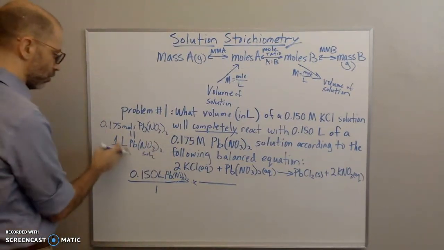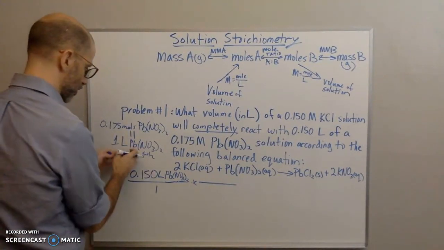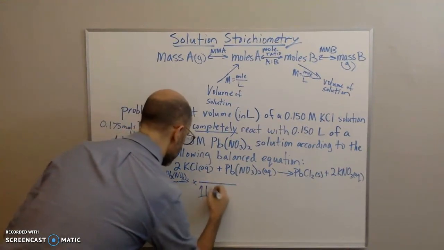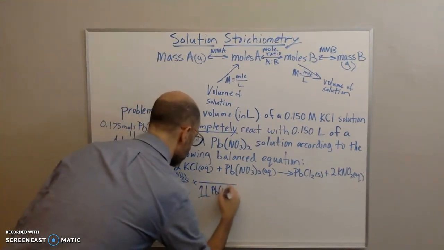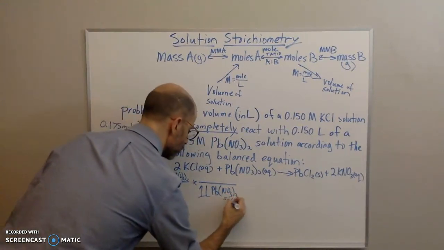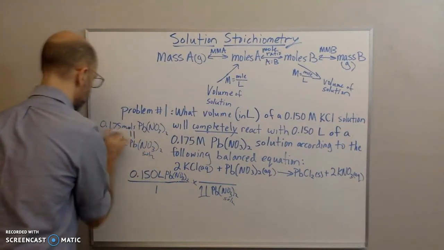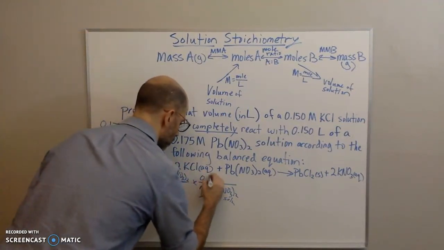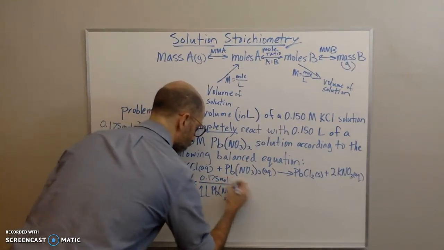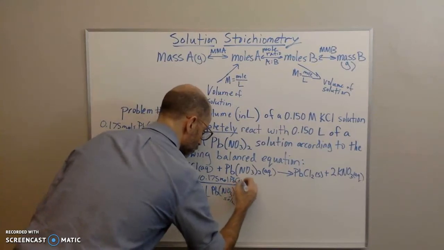So these two are equal. We're going to put the liters on the bottom since we have liters on top. So 1 liter of Pb(NO3)2 solution on the bottom, and then we have 0.175 moles of the solute, which is our lead II nitrate.